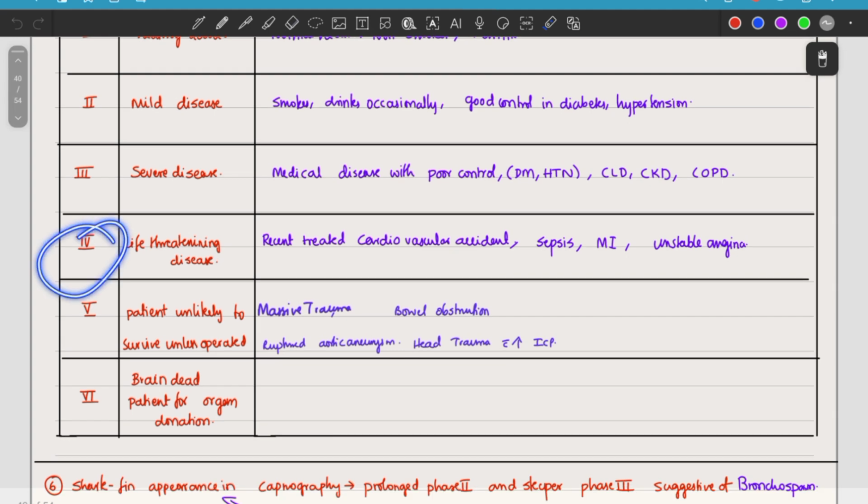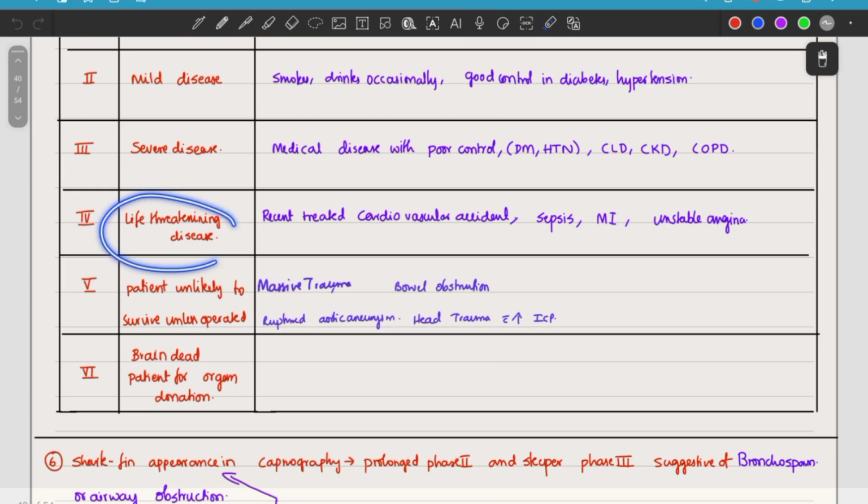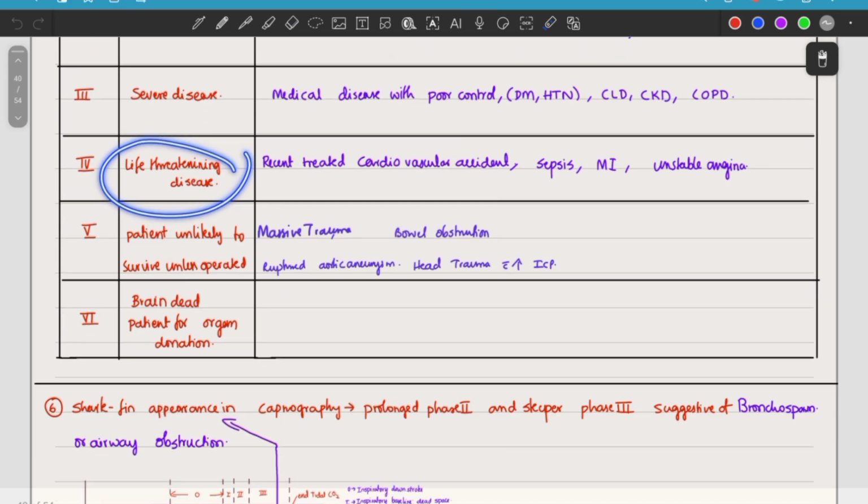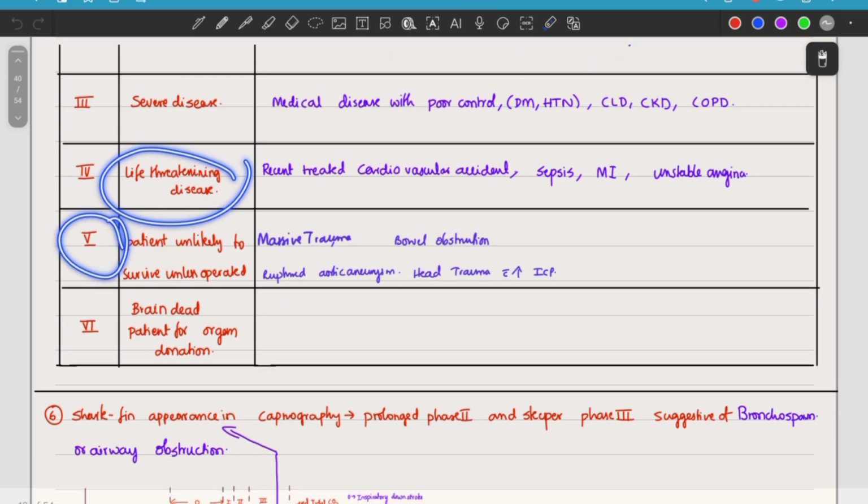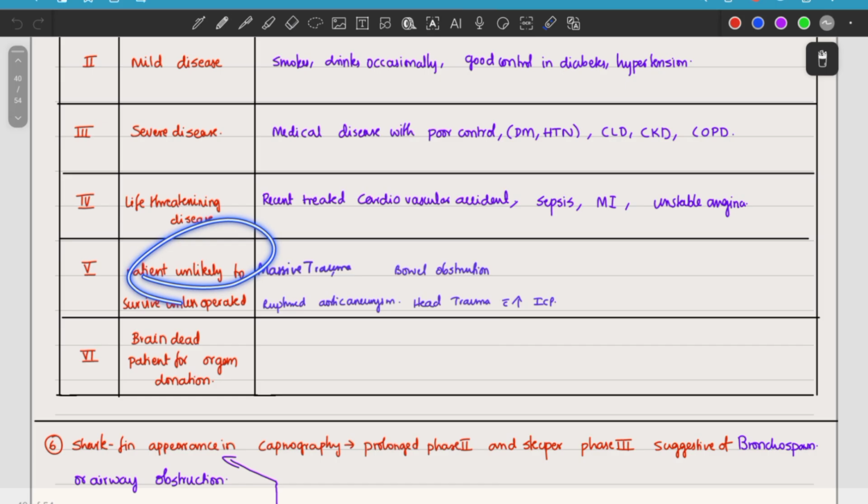Next, coming to the fourth one, life-threatening diseases. That is, he has recently had an MI, unstable angina, sepsis, cerebrovascular accidents, and all. A recent history will be there. So these are the life-threatening diseases. Whereas in the fifth one, the patient is unlikely to survive. If you don't operate, he will surely die.